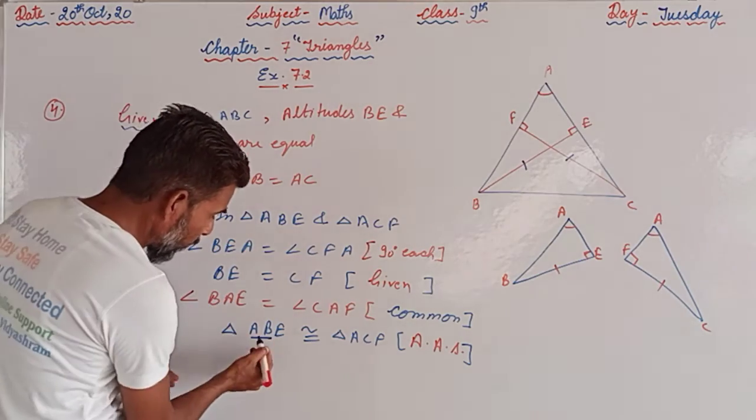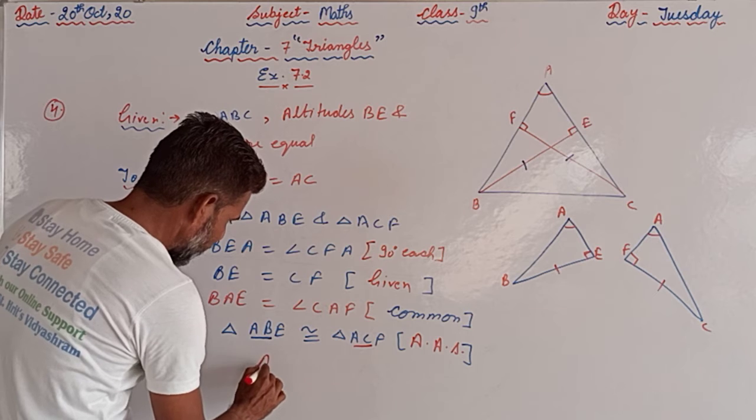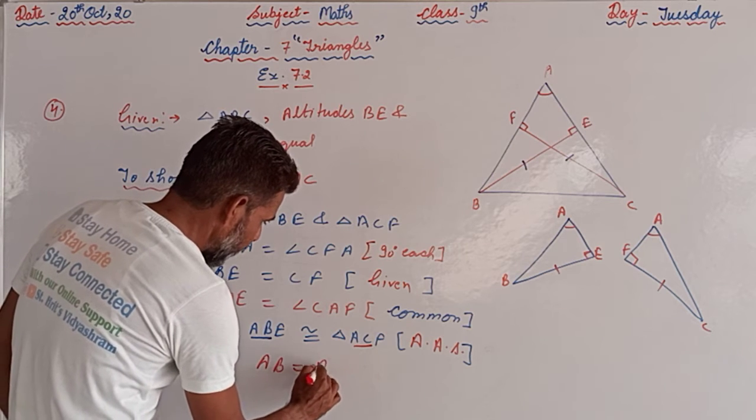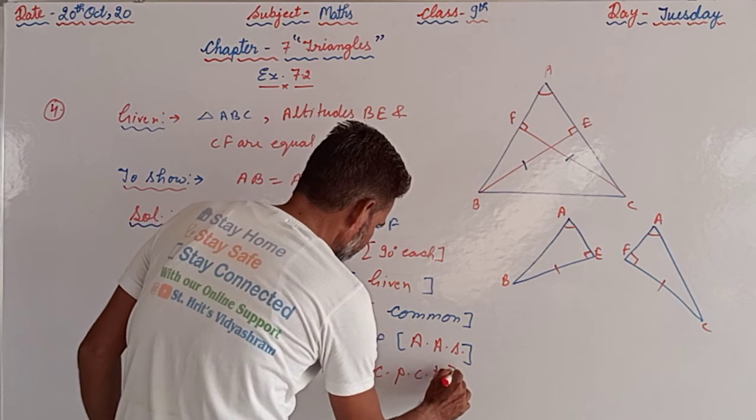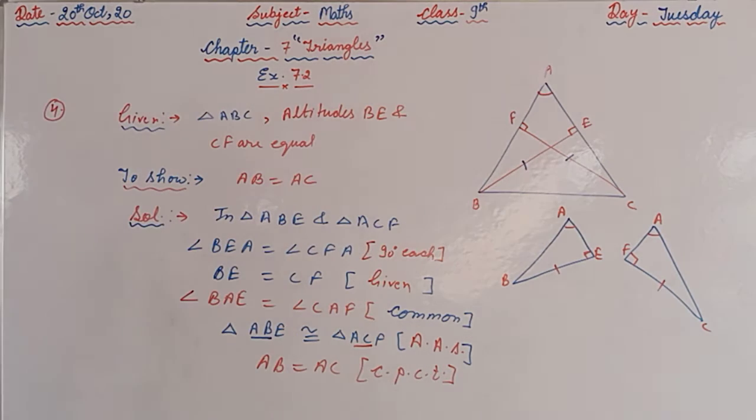AB, and the corresponding part to AB is AC. So we can write AB is equal to AC, by CPCT. So both these questions are identical, their figure is also identical, but some of the information given is different. These questions are just converse, meaning opposite to each other.